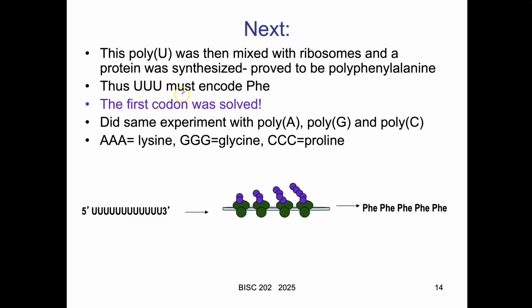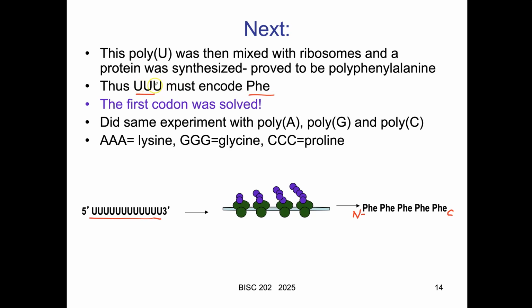When you work in vitro this way, you can get the ribosomes to attach to the molecule and translate without needing particular signals like start and stop codons, which we'll talk about later, in the next prep, most likely. When they took those poly-U, as they're called, and had them translated, they made polyphenylalanine. So they had long strings of phenylalanine. So what that said was that UUU encodes phenylalanine.